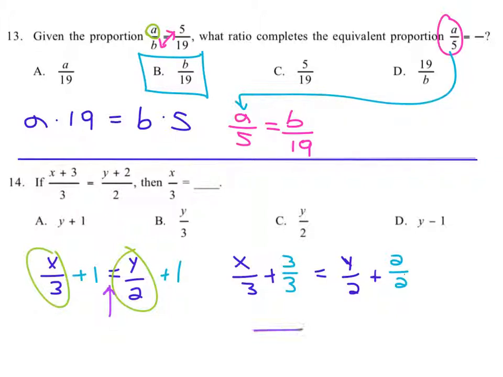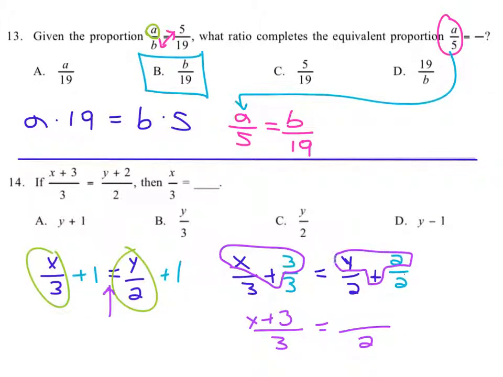So now we can give them both the same denominator. Let's give them both that 3 on the bottom as a single denominator, and on the top we say x plus 3. This part becomes the numerator. And since they both have 2 on the bottom, we can just say it has a single 2 on the bottom, and we can take y plus 2 and put it on the top.